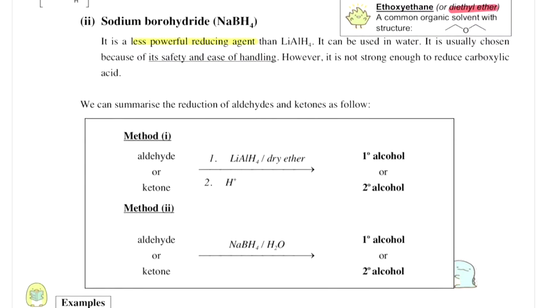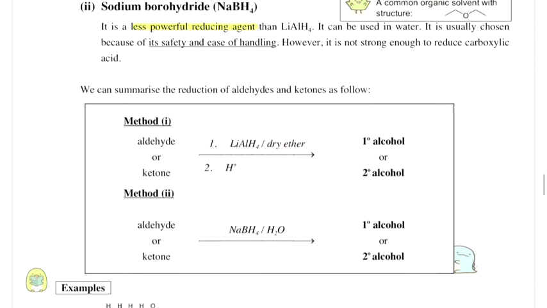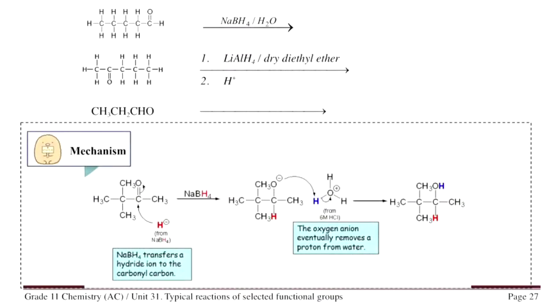The first one is using lithium aluminium hydride in dry organic solvent, dry ether or dry diethyl ether. For this part, it's actually a 2 steps reaction. Let's take a look at the mechanism. This mechanism is not required in the syllabus, so here I would just like to state that this is a 2 steps process.